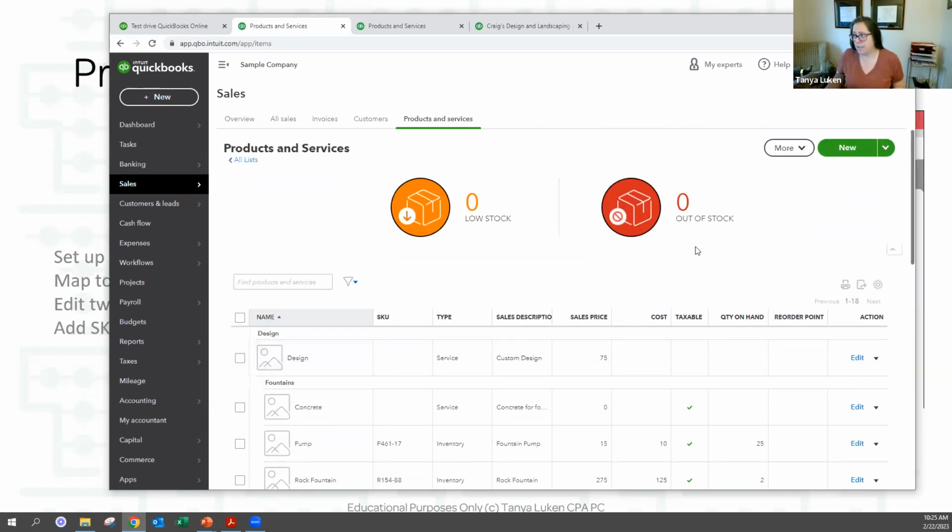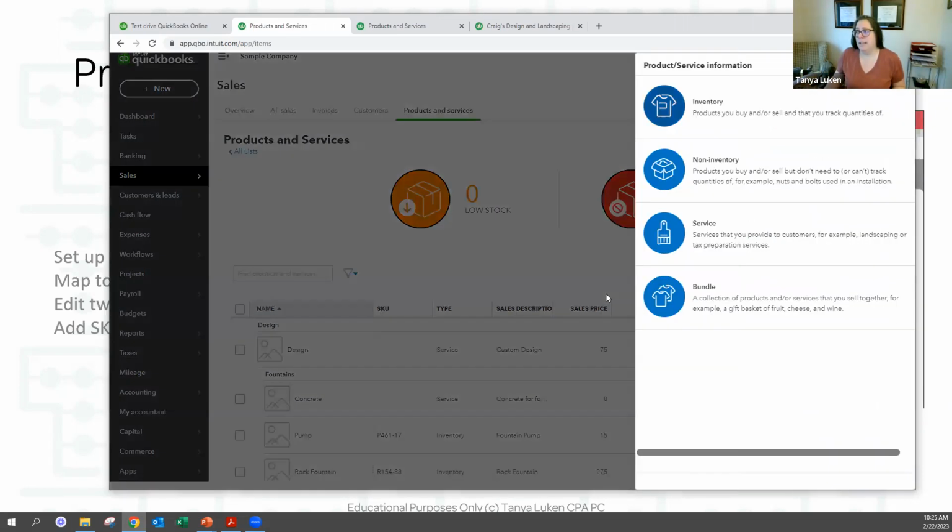So when you're in your products and services, for example, it pops out this little slider to the side and it gives you an option that says there's 4 things there, right? And those 4 things are the types of things that you sell. So the first one is inventory, and that is literally inventory. If you buy something that is a small dollar amount, and it's kind of casual that you buy it, like let's say I thought there was a book that all my clients needed to read, I wouldn't make it an inventory item.